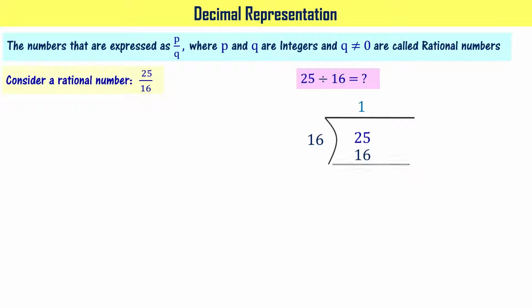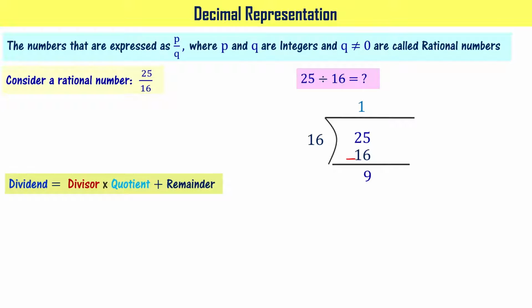When you subtract 16 from 25, you get 9 as the remainder. We know that dividend equals divisor times quotient plus remainder. In this case, 25 equals 16 times 1 plus 9, where 9 is the remainder, 1 is the quotient, 16 is the divisor, and 25 is the dividend.